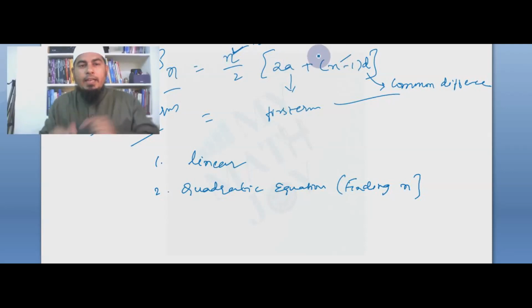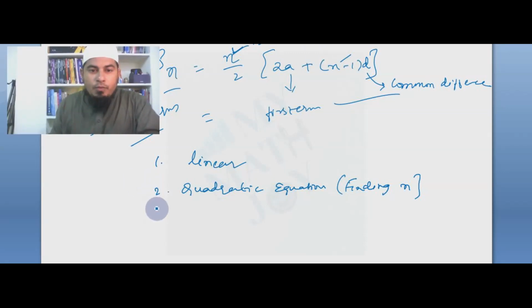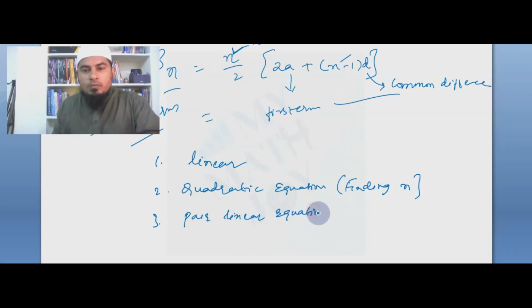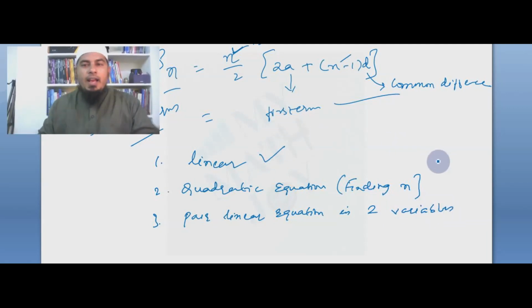When n is unknown and we simplify, you will get a quadratic equation in terms of n. Thirdly, a pair of linear equations in 2 variables. I hope you already know linear equations, and if you are a little weak in quadratic equations, please go to the prerequisite.